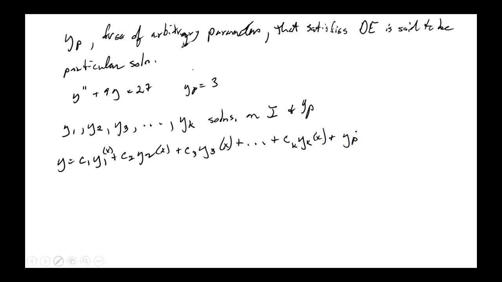No constant in front of it, just y sub p. If that is also a solution for the non-homogeneous case, then you just add that to the other. Now for a non-homogeneous equation, this is what we call the general solution. And that's what the next theorem states.